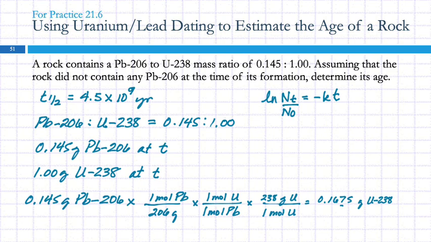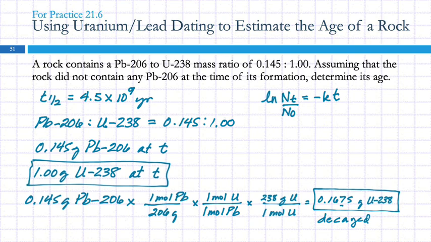Why is the mass different? Because the uranium-238 shot particles out of itself when it decayed. And so the mass has gone down. So this then is how much decayed. This is how much we have right now.